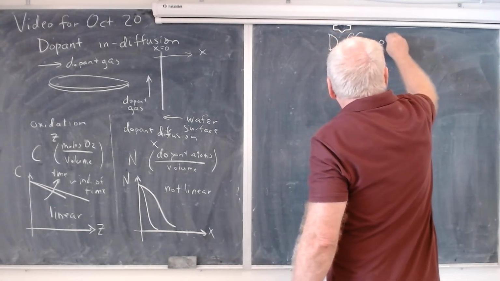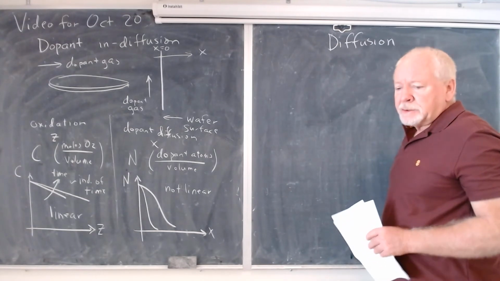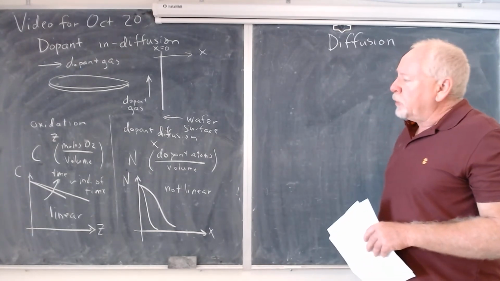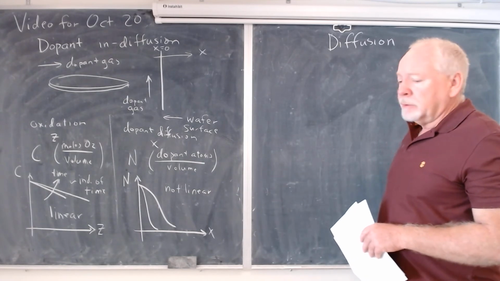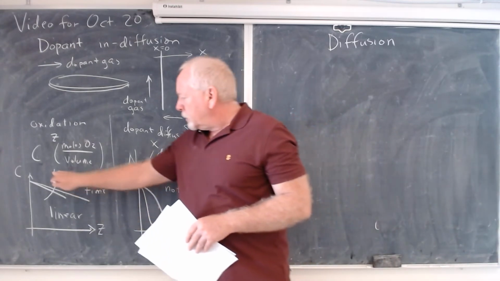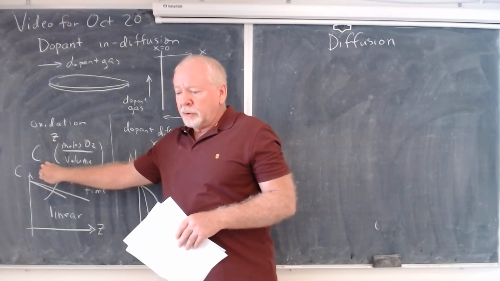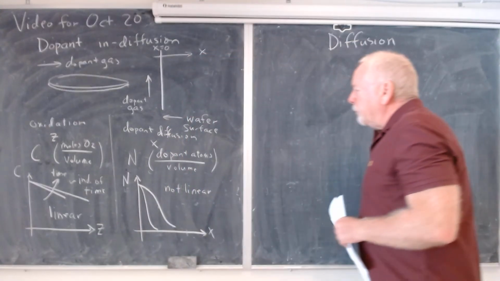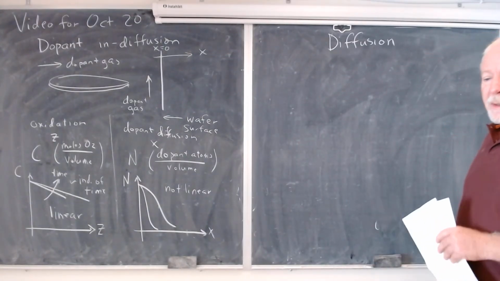When we covered oxidation, we sort of just brushed over it. I mean, we introduced Fick's law, which is that the flux of O2 molecules was given by the derivative. But we just sort of swept the rust under the rug.